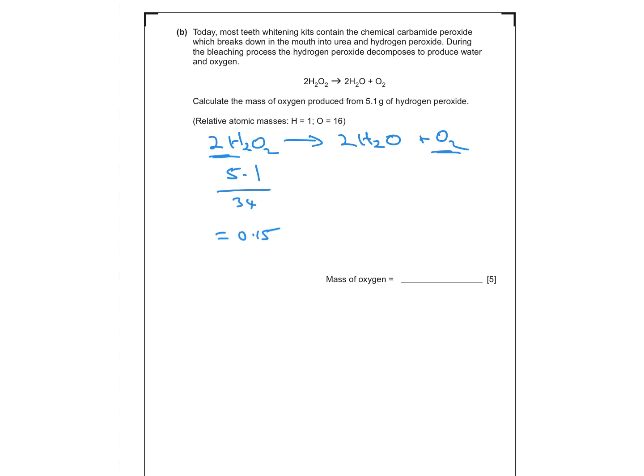So that means we're going to get half the number of moles of oxygen. That'll be 0.075. And then to work out the mass of oxygen, that's the number of moles times the RFM of O2, which is 32. And that gives an answer of 2.4 grams.